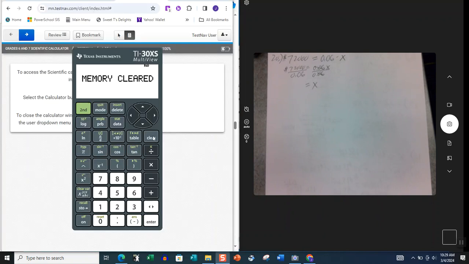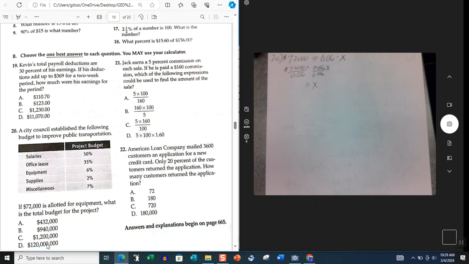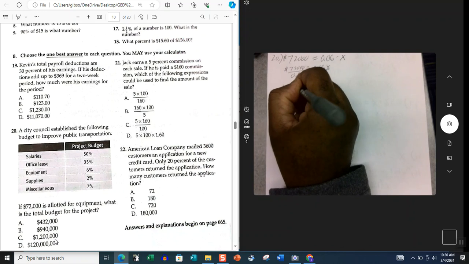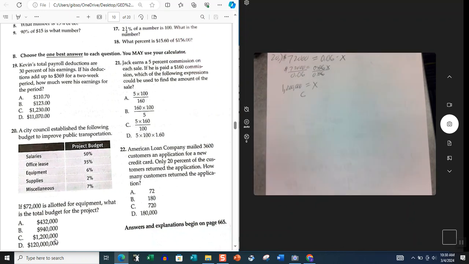So since we can use a calculator, we could put this value in our calculator: 72,000 divided by 0.06. So it gives us 1,200,000. So if we look down here, 1,200,000 is C. So our answer is C.